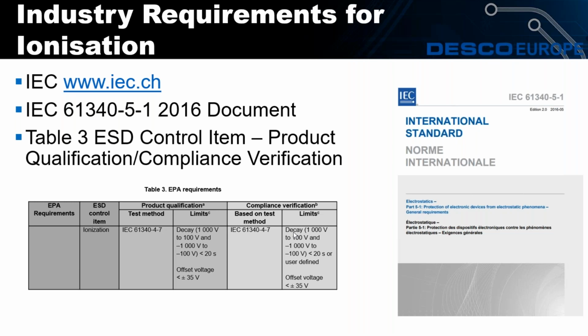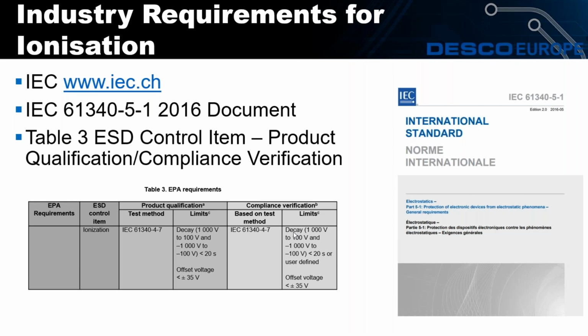The other requirement is compliance verification. When an ionizer is in situ, again, it must be able to decay a charge of 1,000 volts, either positive or negative, to less than 100 volts in less than 20 seconds, or user defined. Generally, most companies will define it as less than 20 seconds.